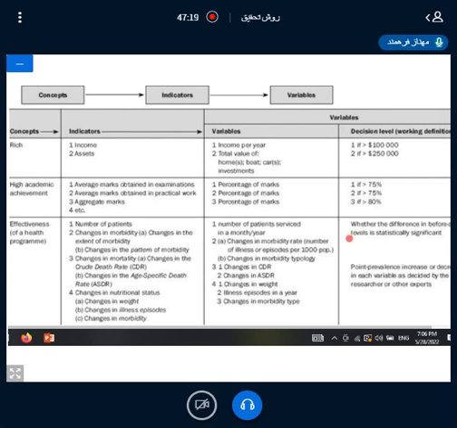You can see here that this is the decision level, whether the differences in before level is statistically significant. Point prevalence increase is another variable for the researcher deciding. Okay, you can see here 3 examples, and in these 3 examples you can see the concepts, indicators, and variables.